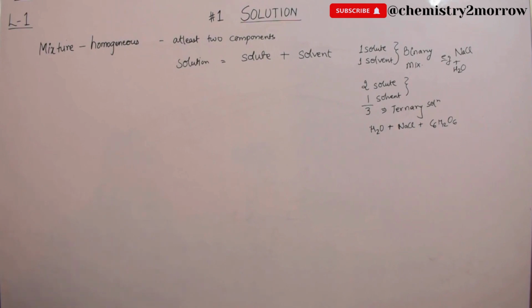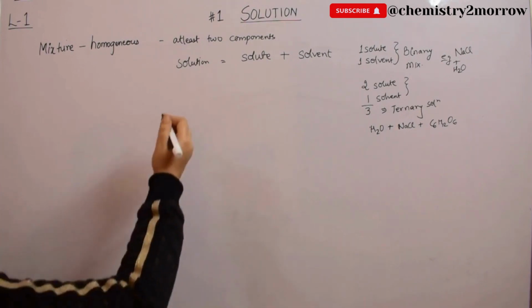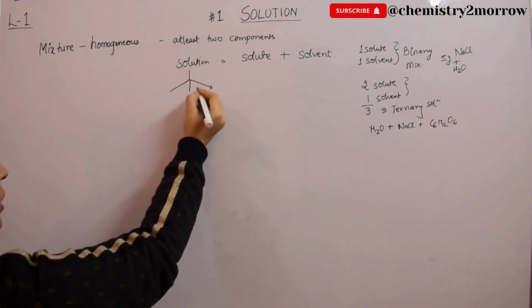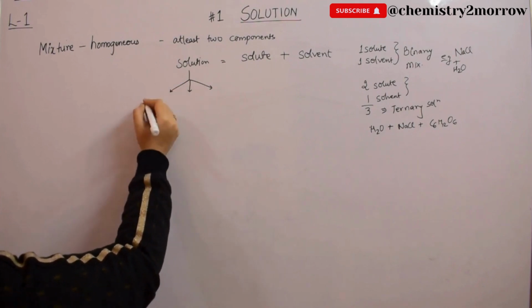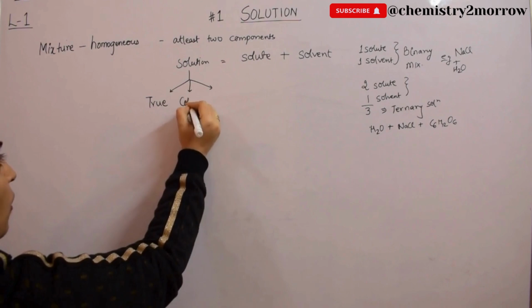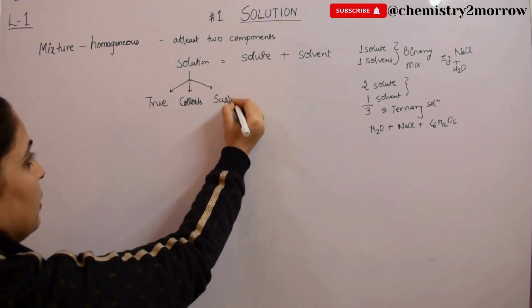Depending on the kind of solutions, we can basically classify a solution into three: true solutions, colloids and suspensions.